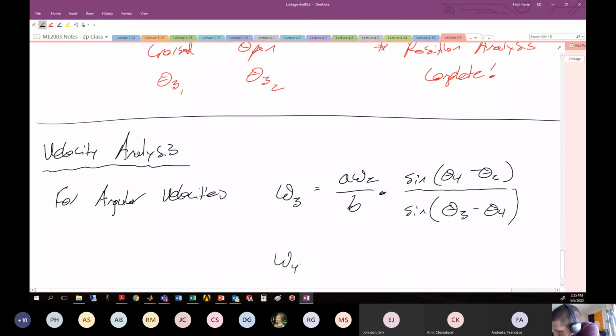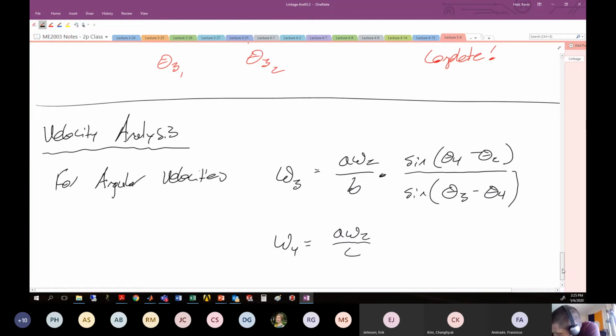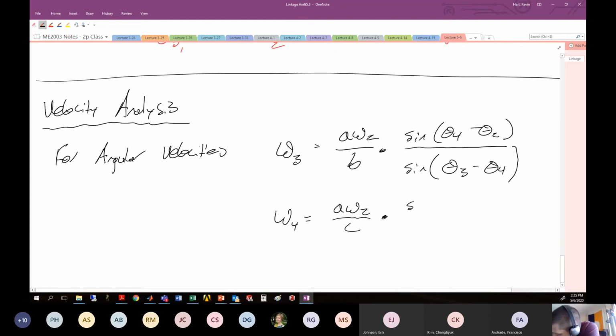And for omega 4, we have omega 2 a on c times the sine of theta 2 minus theta 3, all over sine of theta 4 minus theta 3.